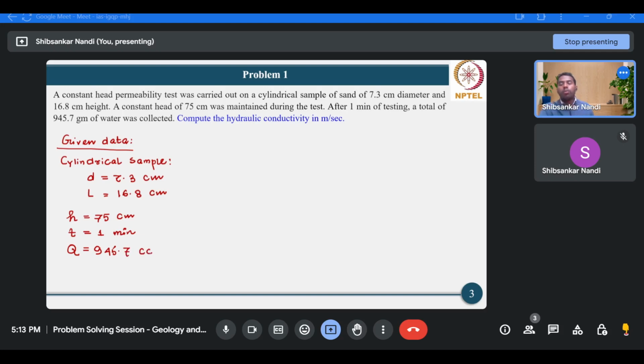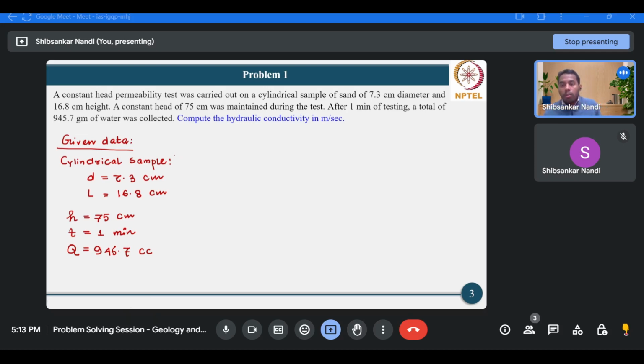Since you know that the density of water is 1 gram per cc, from the definition that rho equals W by V, W and rho you know, so you can easily calculate the volume. That volume will be simply mass divided by density. Here density is 1, so mass and volume will be equal: 945.7 cc.